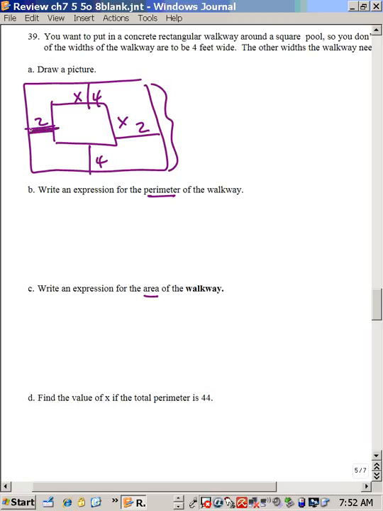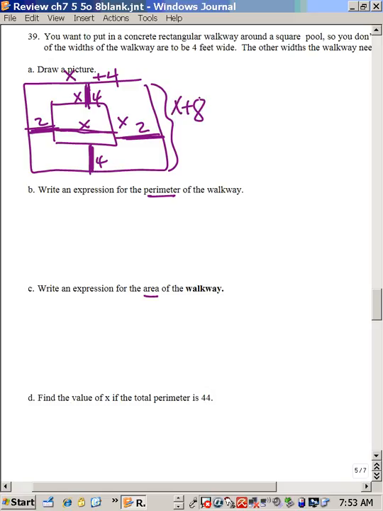So this is 2, this is 2, that adds up to 4, and the distance across the pool is x. So, this is going to be x plus 4. Looking up and down, I have 4 this way and 4 this way. That makes 8. So that's going to be x plus 8.